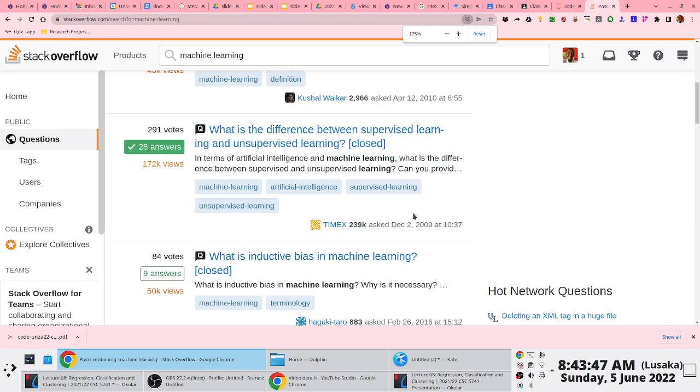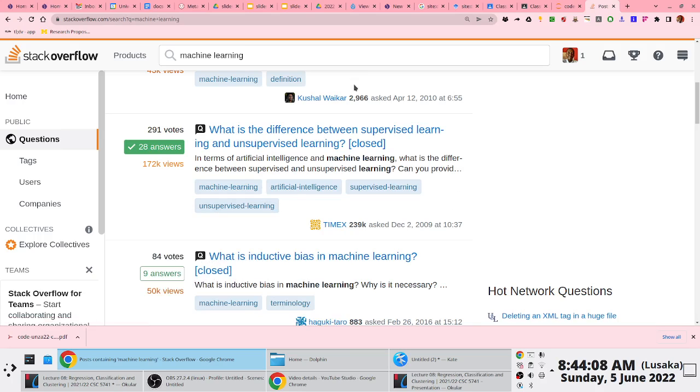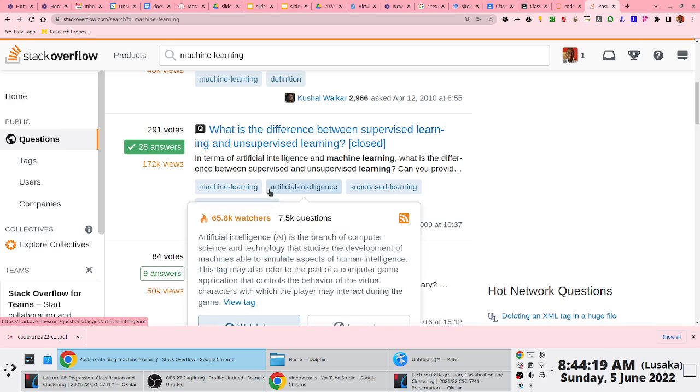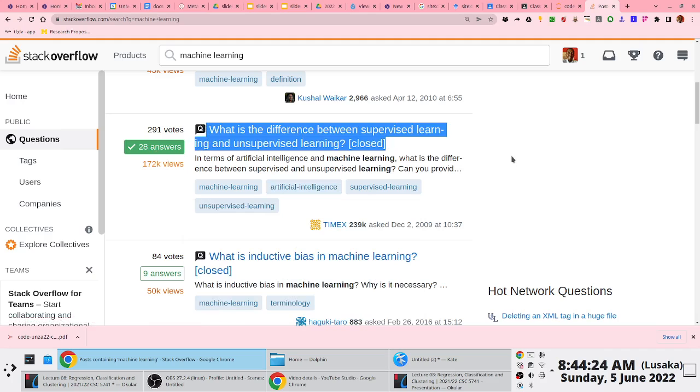So if you look at the question, what is the difference between supervised learning and unsupervised learning? Oh, this is interesting. Probably the person who asked this question tagged it to be associated with machine learning, artificial intelligence, supervised learning, and unsupervised learning. So if we were interested in building a model that is able to automatically associate tags to questions on Stack Overflow, that would be a multi-label classification problem, because the model would have to identify all possible tags you'd associate to such questions.